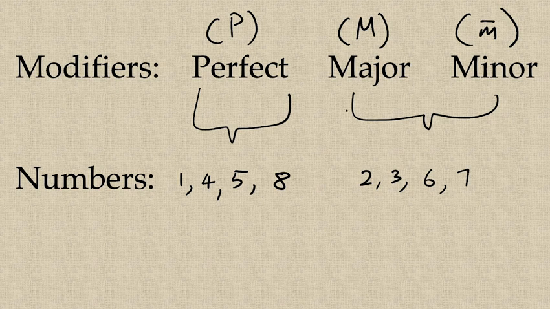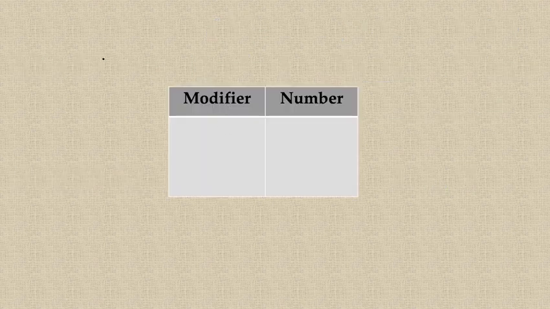So major second, minor third, major sixth, minor seventh. There will never be a major fourth or minor fifth, because for fourth and fifth, we use the perfect modifier. As I mentioned before, an interval has two portions to it.